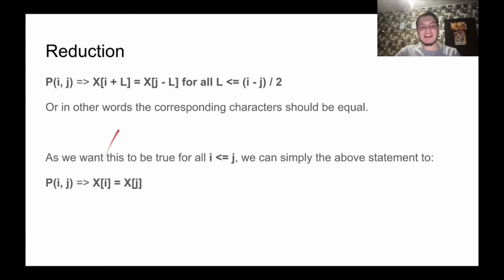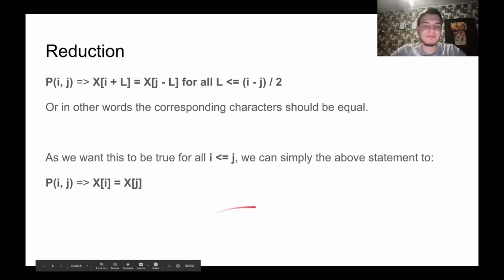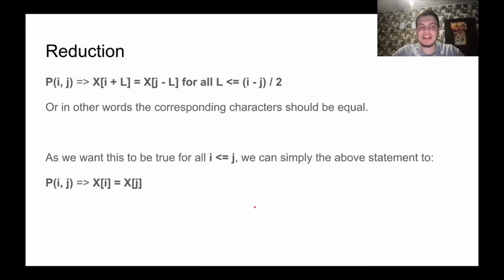So we'll implicitly have the other characters from the above condition for some other i j. So this is one of our rules for x: if P of i j is true, then certainly x i will be equal to x j. Remember that x is the string we actually want to see whether it exists. That's the first very basic observation, and we are going to use it later on.